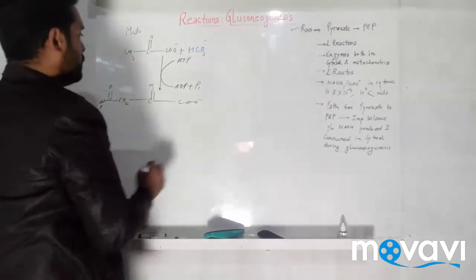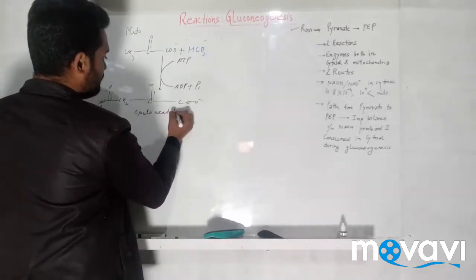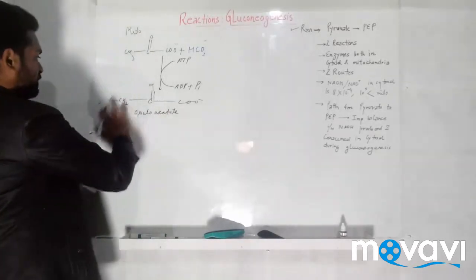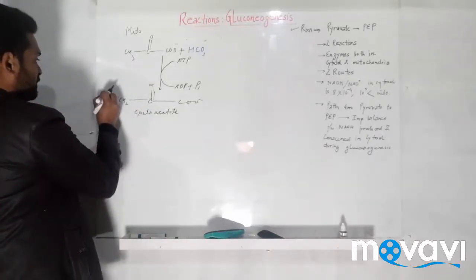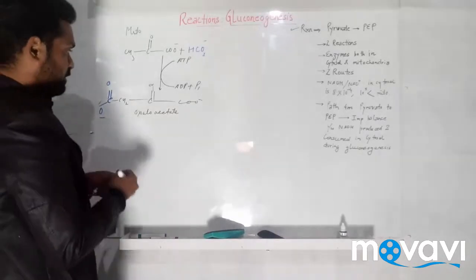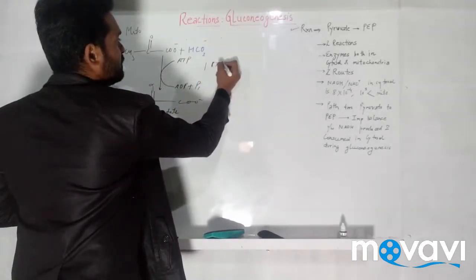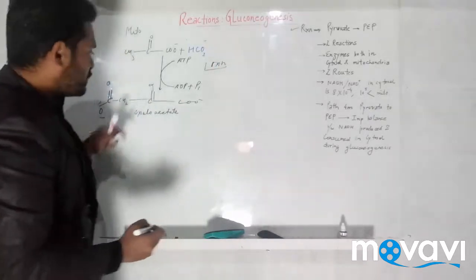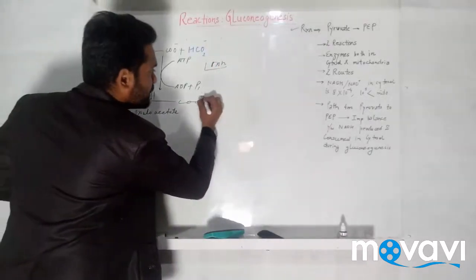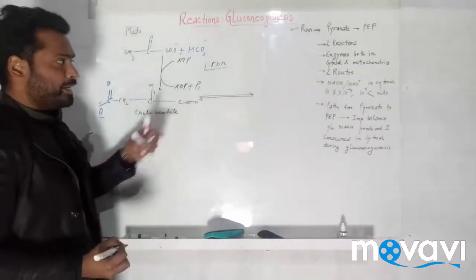So this is our oxaloacetate. I must draw it in blue color here. So this is the first reaction in the mitochondria. Now this oxaloacetate is converted into malate.